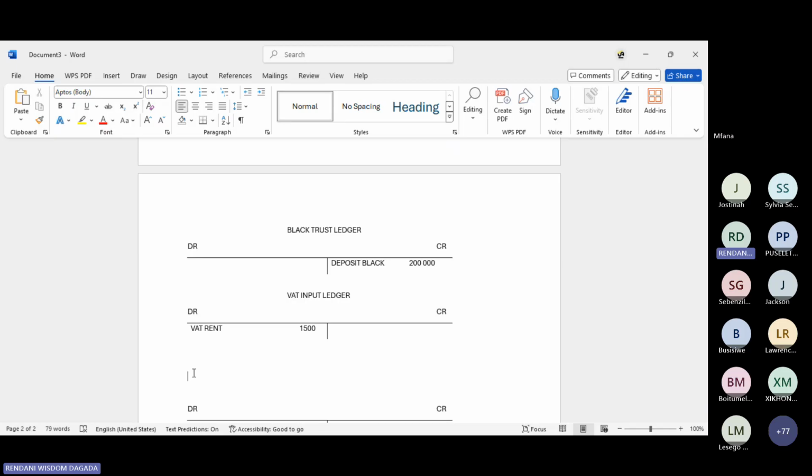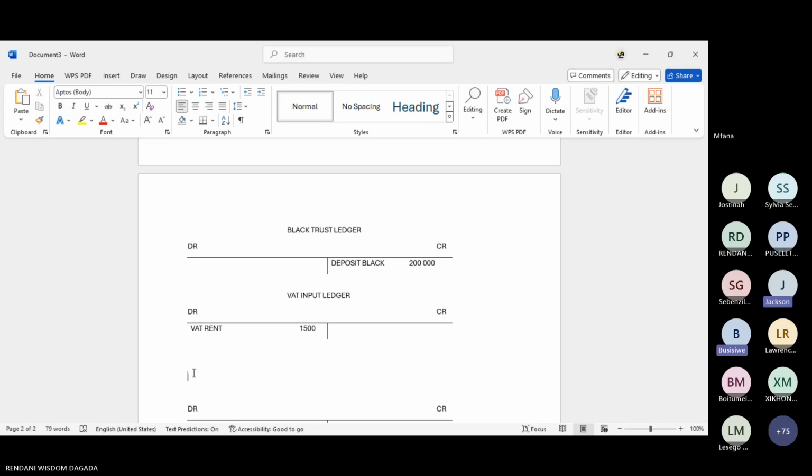We are just trying to separate that. The formula with 100 is when you're trying to calculate it and add it on top of the amount. When you subtract it, it's 115. Yes, when you're supposed to extract it, it's 115.